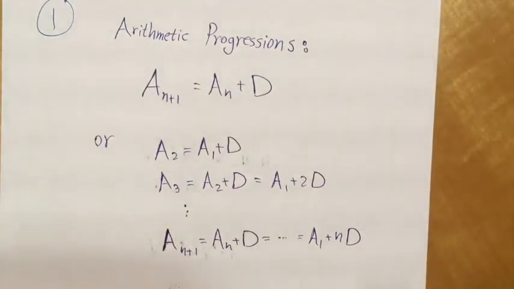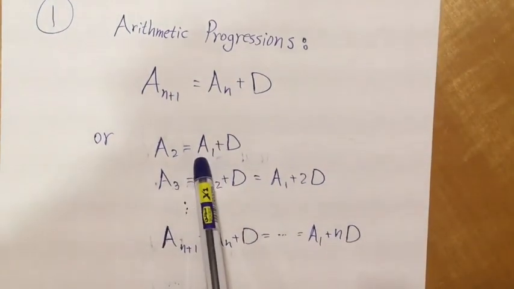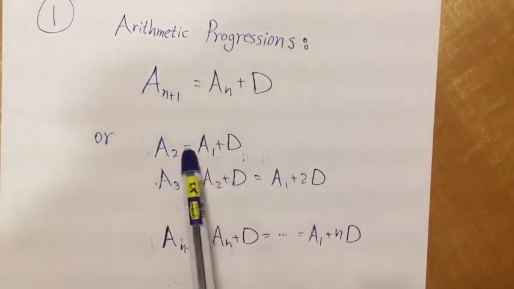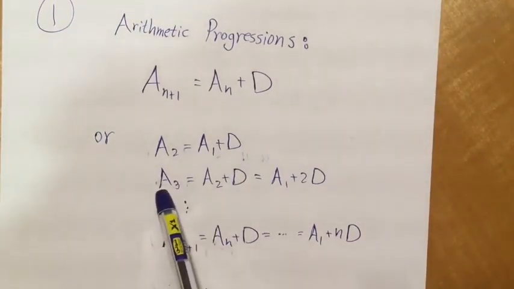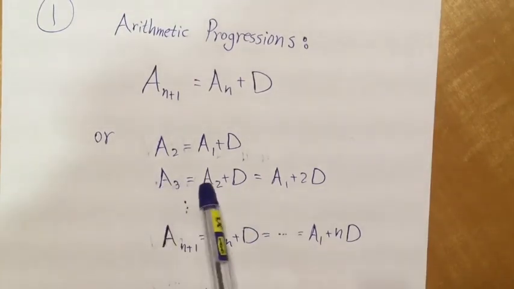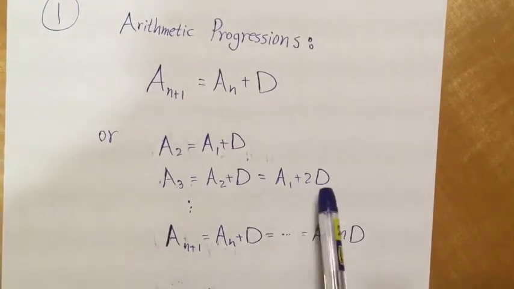In particular, if the arithmetic progression starts with the term A1, then the second term, A2, is just A1 plus d. The third term, A3, is A2 plus d, which in turn equals A1 plus 2d.